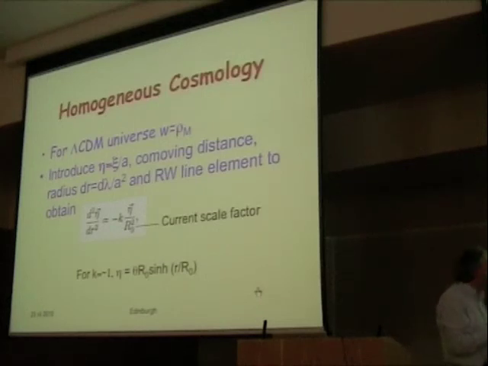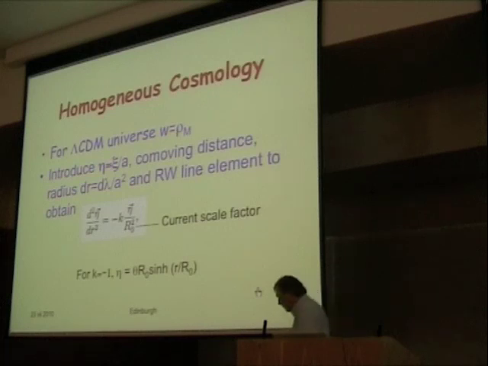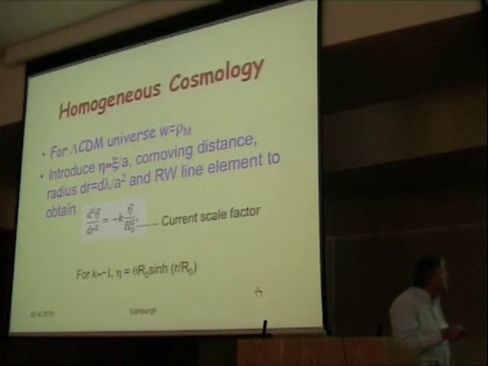It's as simple as that in the Friedmann-Robertson-Walker universe. And of course, if we have, and this is the case I'll be interested in, a negatively curved universe, an old-fashioned open universe, then we have the sinh solution which everybody is quite familiar with.